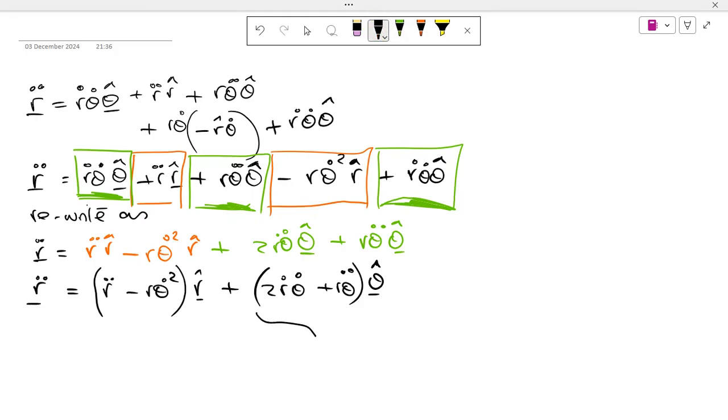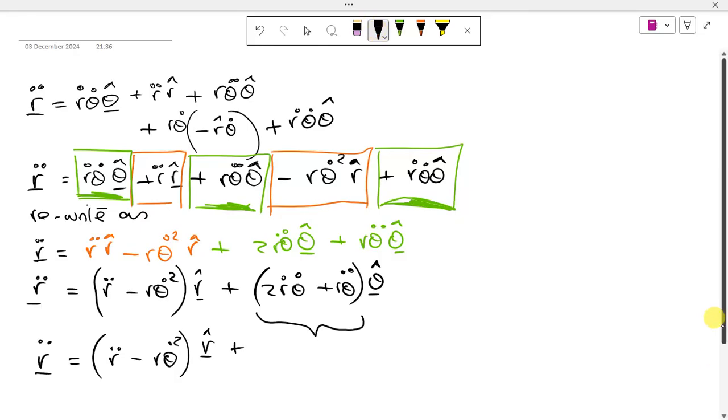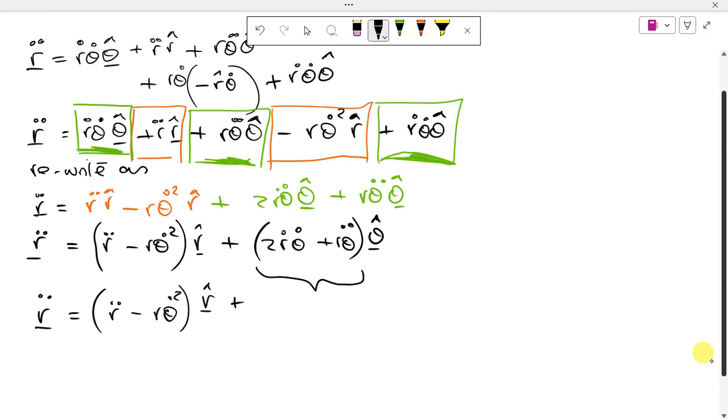This term here can be rewritten as, well, let's write the whole thing out again. So we've got r double dot minus r theta dot squared, r hat, plus, well, how can we rewrite this bit that I've underlined? Let me just scroll down a little bit.